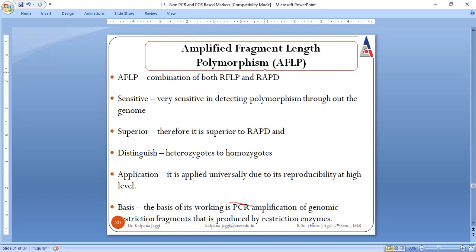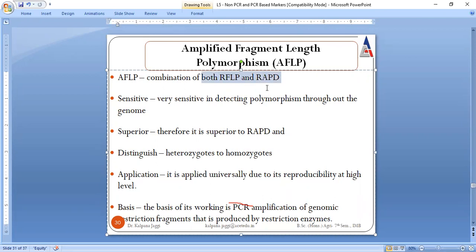And the last is amplified fragment length polymorphism. Till now, you studied two kinds of molecular markers, one that is based on hybridization and another that is based on PCR amplification. But AFLP, that means amplified fragment length polymorphism, is a combination of both.